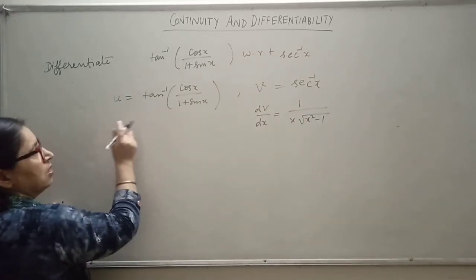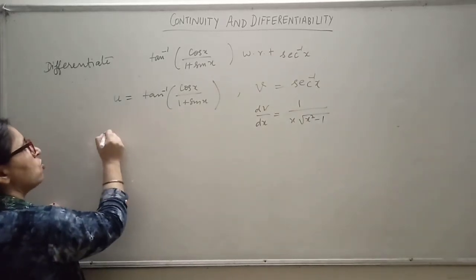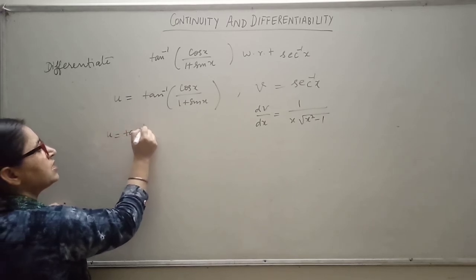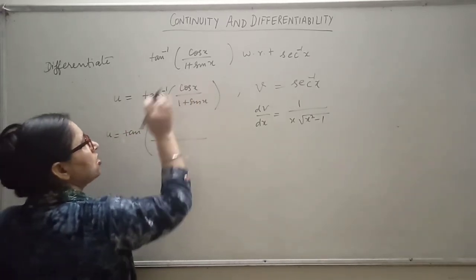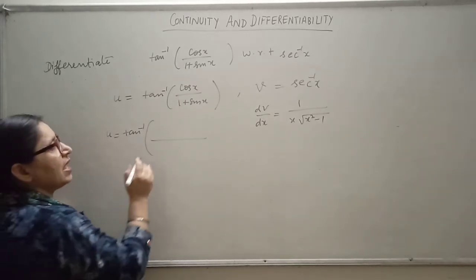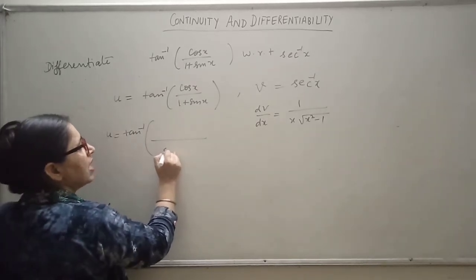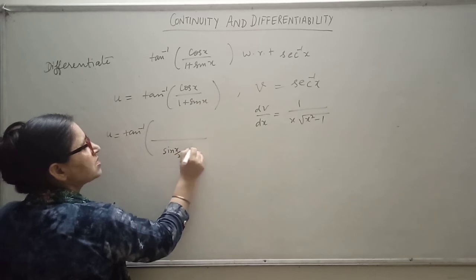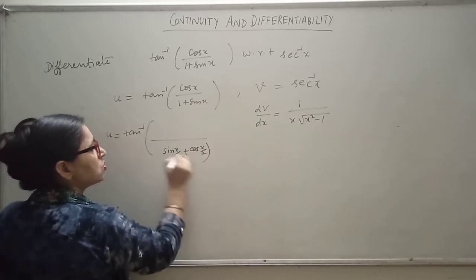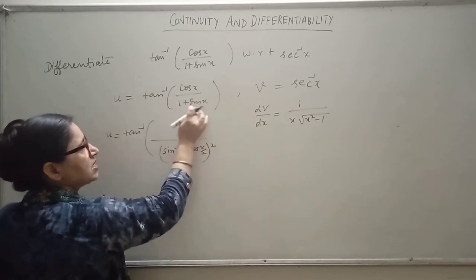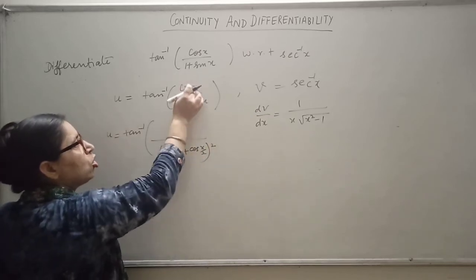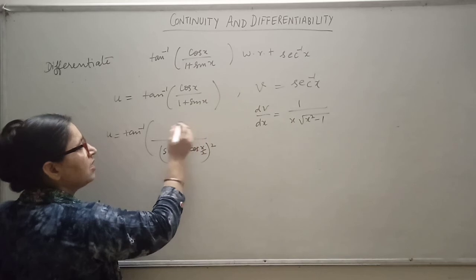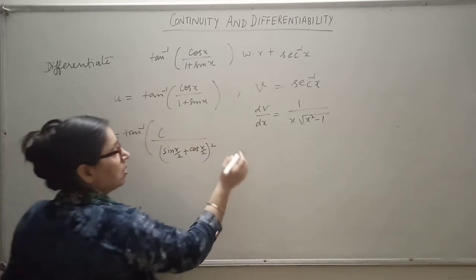Now here u needs to be simplified, so I am going to simplify cos x upon 1 plus sin x. 1 plus sin x can be written as sin x by 2 plus cos x by 2 whole square. You know that 1 plus sin theta is sin theta by 2 plus cos theta by 2 whole square.